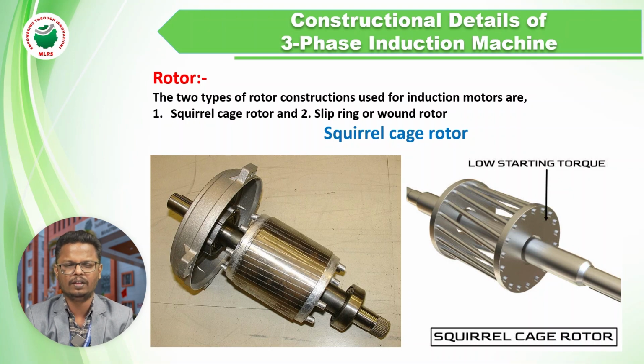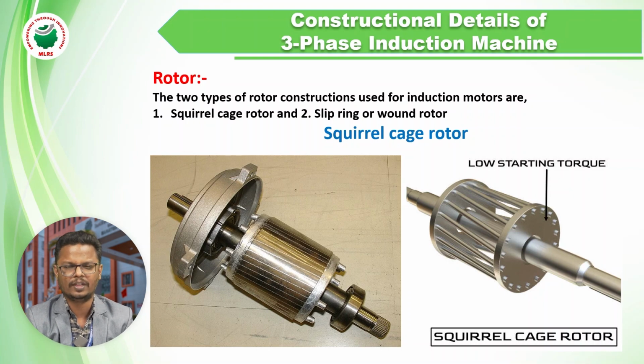Here, instead of winding, we use copper bars or copper rods, and aluminum can also be used. These copper and aluminum bars are short circuited with end rings, and the end rings are made of hard drawn copper to withstand mechanical stress. Because we use bars instead of winding, the surface of the rotor is smooth, so the air gap between the stator and the rotor is less.